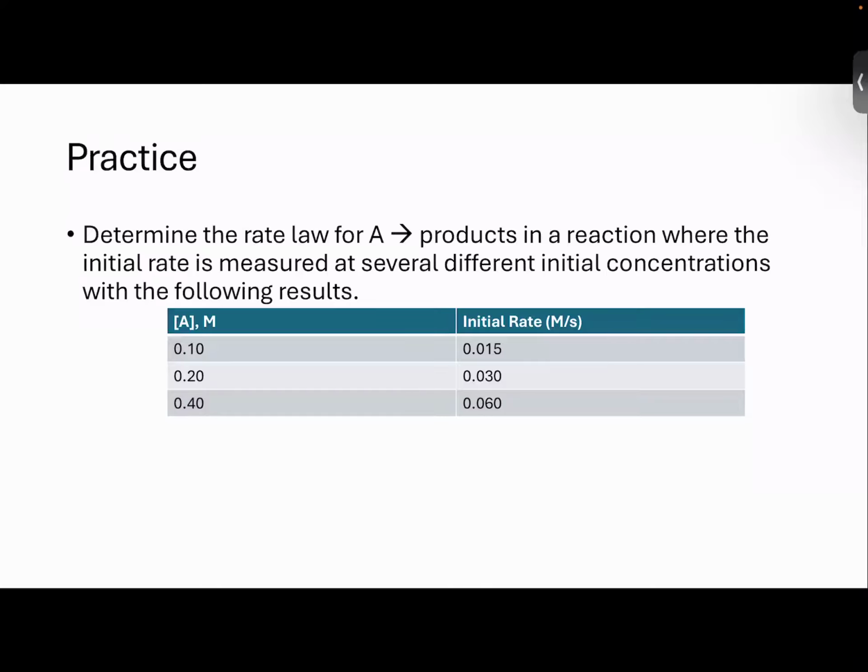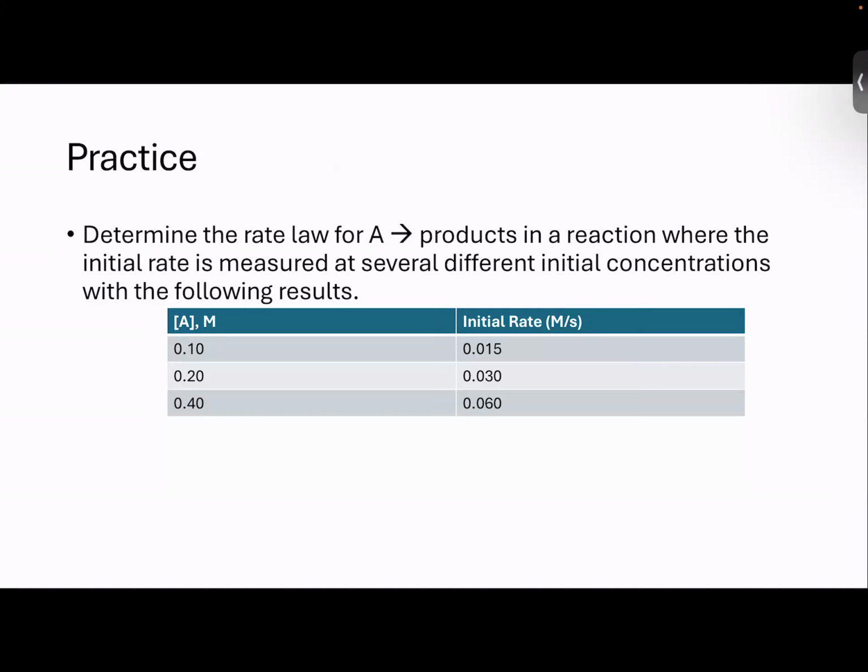So let's look at the first example here. Determine the rate law for A goes to form products in a reaction where the initial rate is measured at several different initial concentrations, and you obtain the following results.